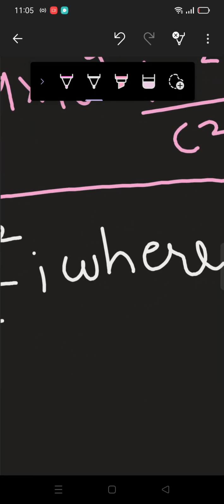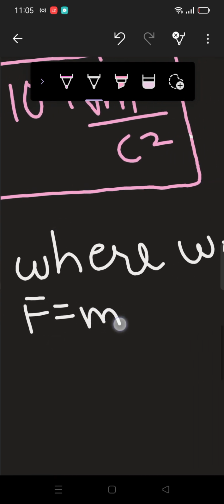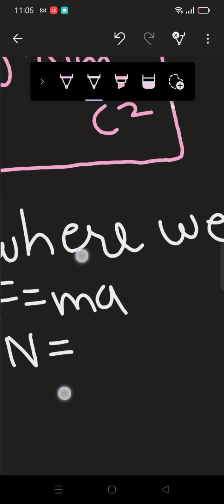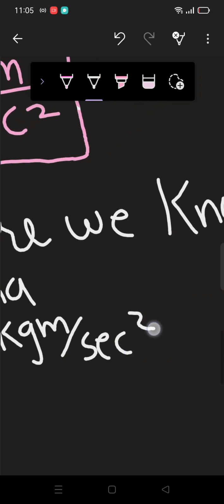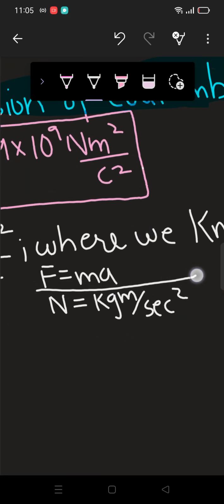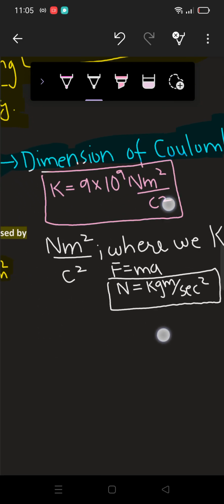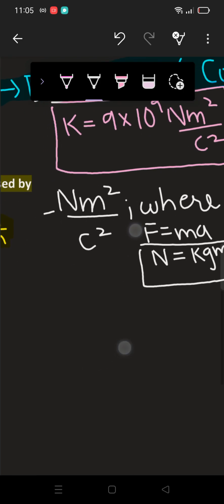We know that Newton is the unit of force, and F is equal to MA, which means Newton is equal to kg meter per second square. Let's put this kg into meter per second square instead of this N.